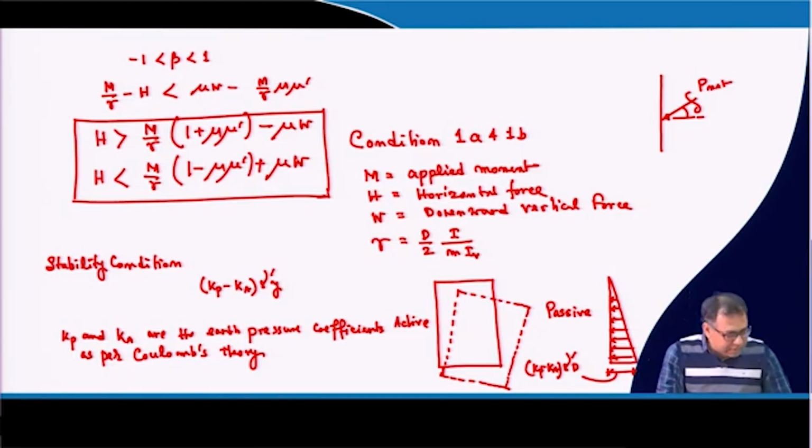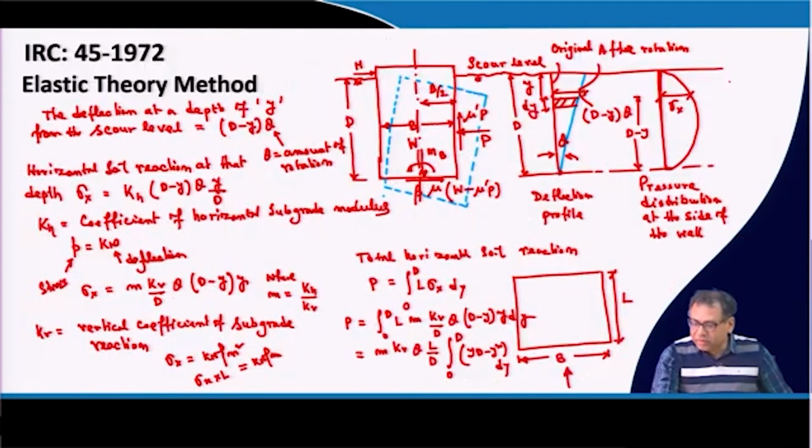So, for the stability condition, we have already drawn this pressure distribution diagram. That means this sigma x. The sigma x expression is given, and sigma x is in kilonewton per meter square.